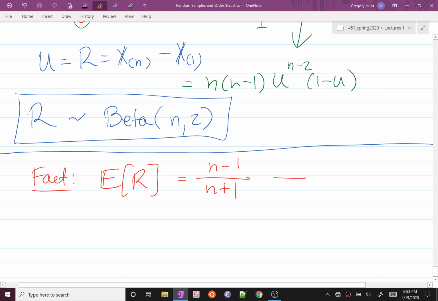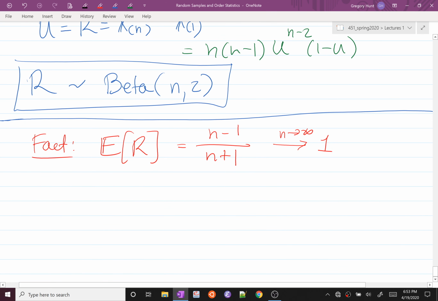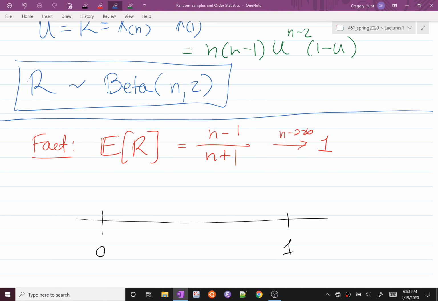And as n goes to infinity, the expected value of the range is going to approach 1. And that really makes sense given our intuition. So here's 0 to 1. If I keep adding things to my random sample, maybe I'll get that as my first sample, and then I'll get that, so my range is kind of small.